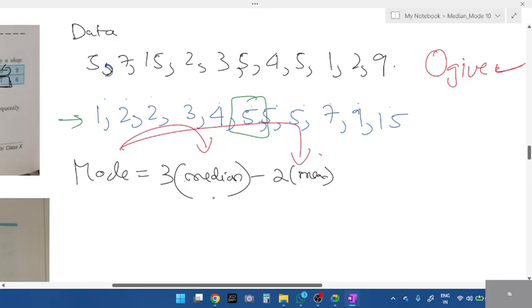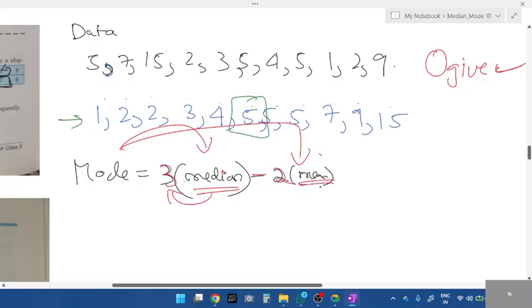And how will you all remember this? Look here. Median is the longest word. So that is first. 3 into median minus 2 into mean. Sometimes even I get confused with this number, students. How many letters does median have? 6. 6 divided by 2, what do you get? 3.